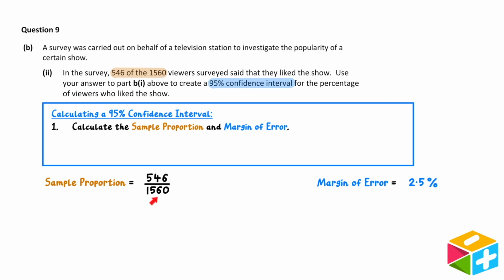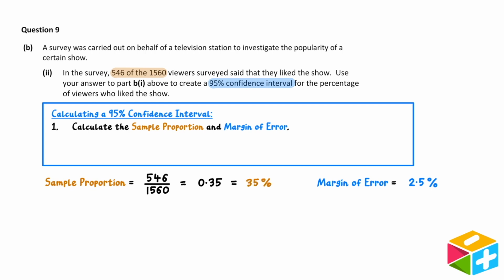It's a bit awkward having the sample proportion in fractional form and the margin of error in percentage form. So let's convert the sample proportion into a percentage. Using our calculator, we can rewrite 546 over 1560 as 0.35. To convert from a decimal to a percentage, we multiply by 100.